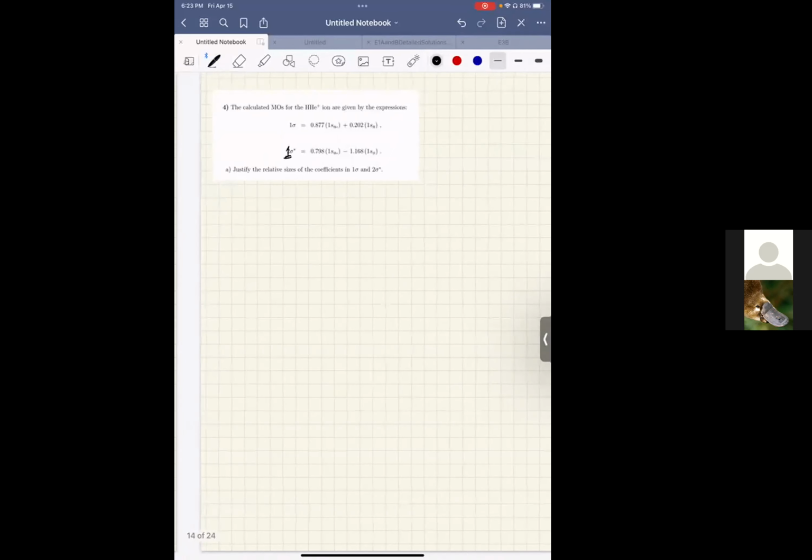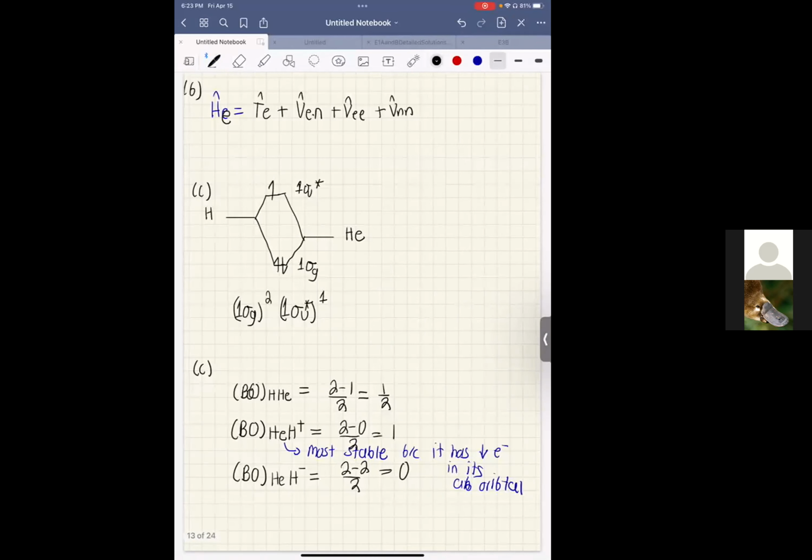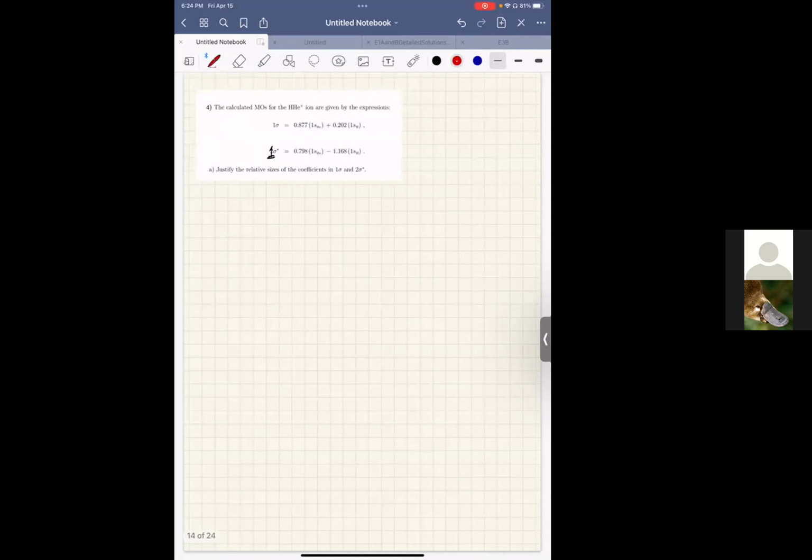Because the hydrogen atomic orbital is closer in energy to the anti-bonding orbital, it's going to have much more of a contribution, which means its coefficient is going to be higher, and that's going to be shown here.